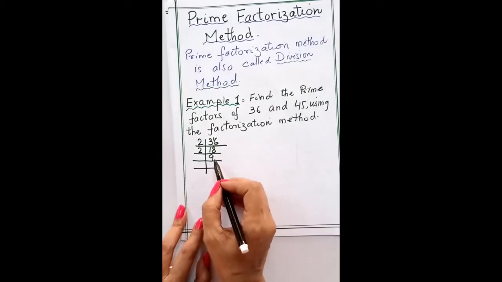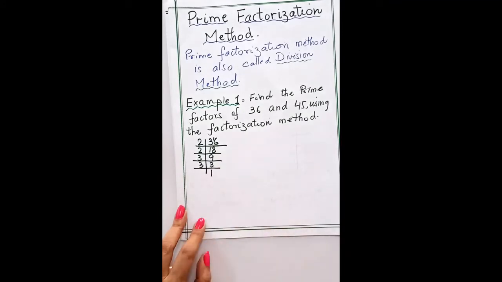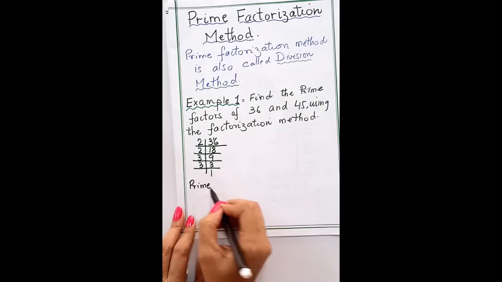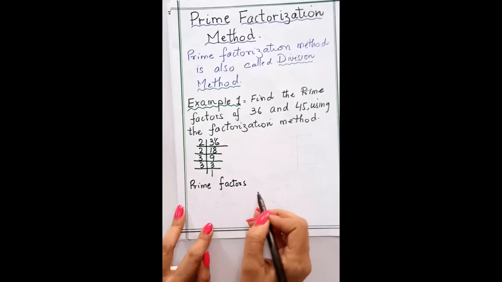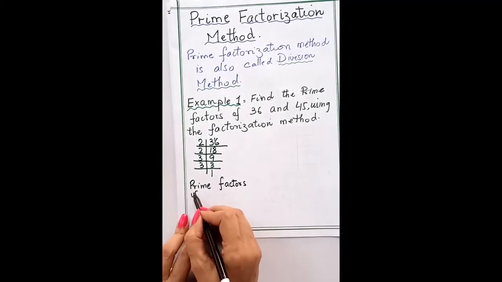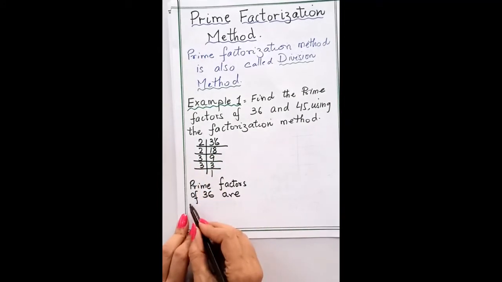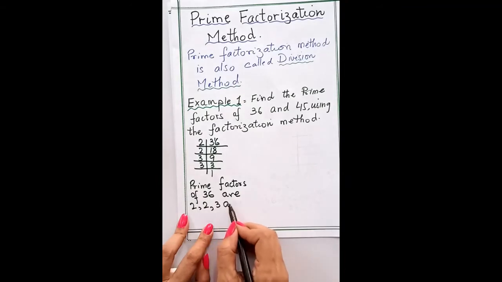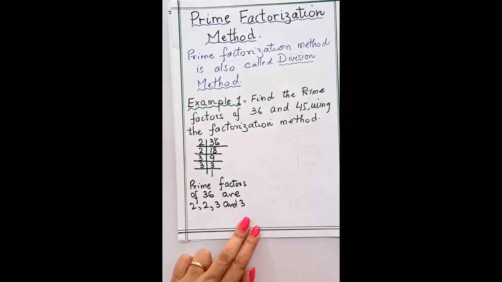Now 9 is an odd number, then 3 threes are 9 and 3 ones are 3. So the prime factors of 36 are 2, 2, 3 and 3.